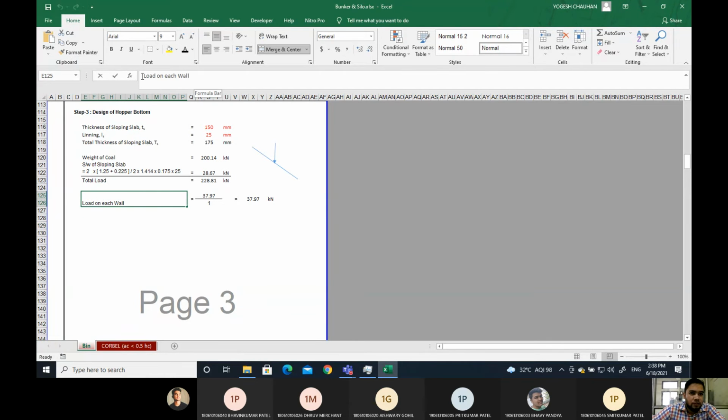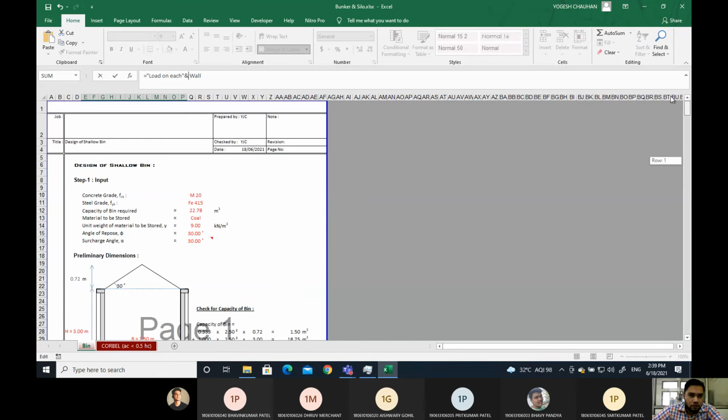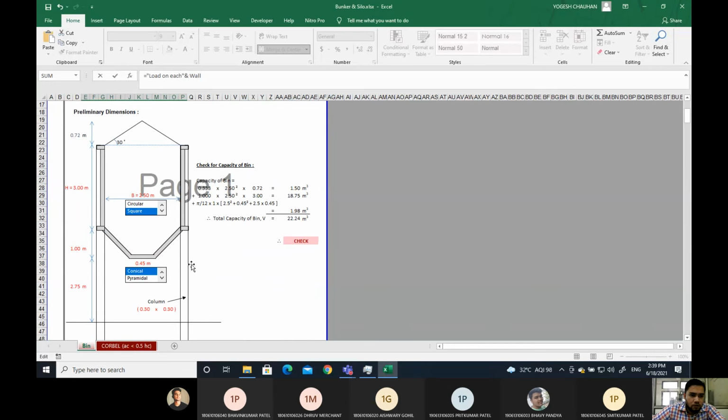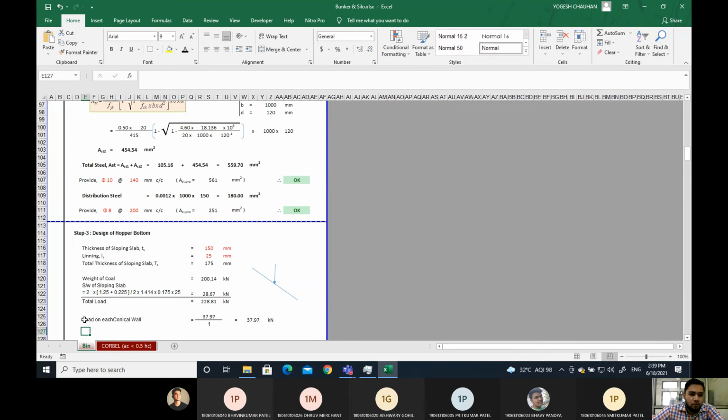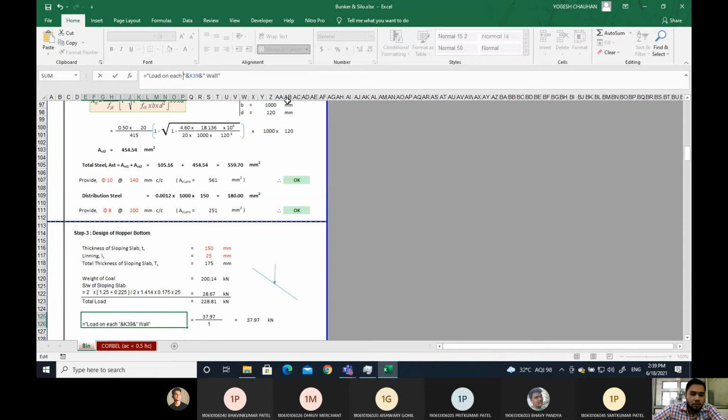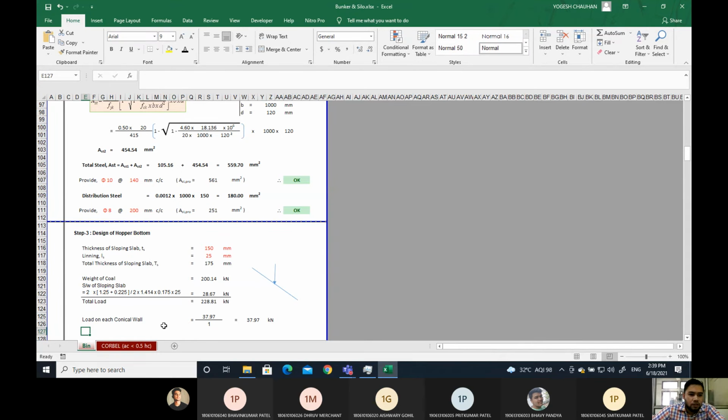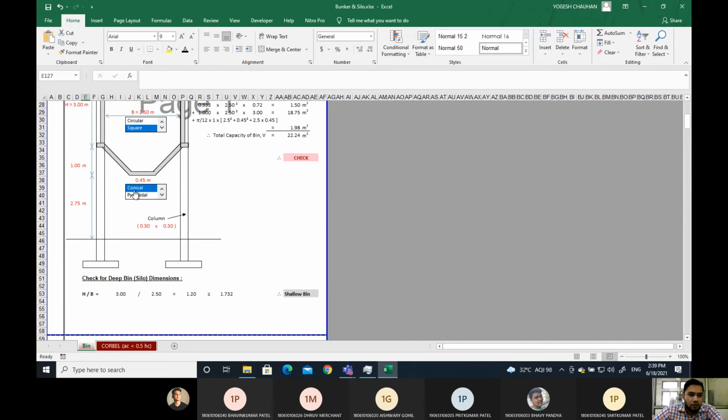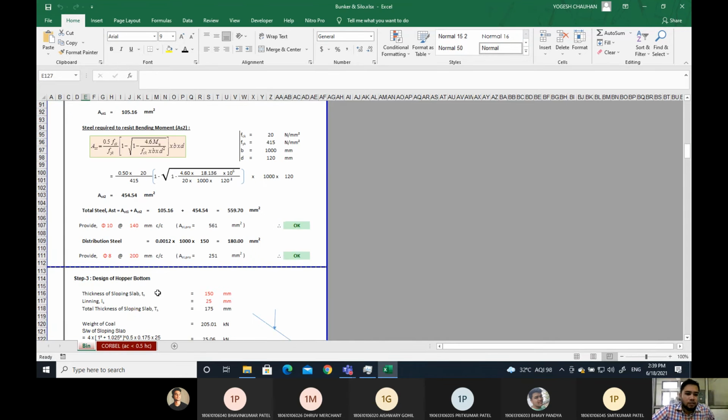So here you can write equal to load on each conical wall if it is conical, and if it is pyramidal, then the load on each pyramidal wall.